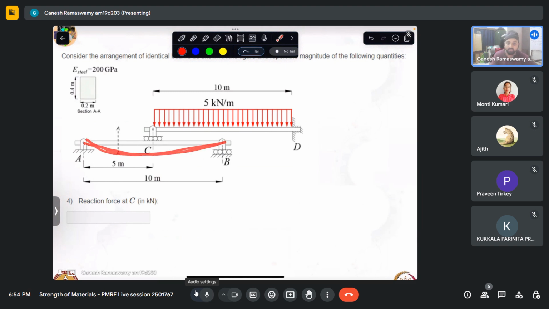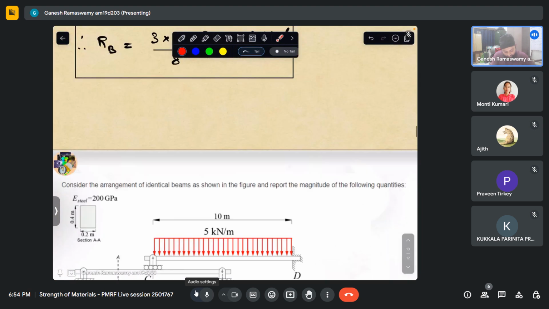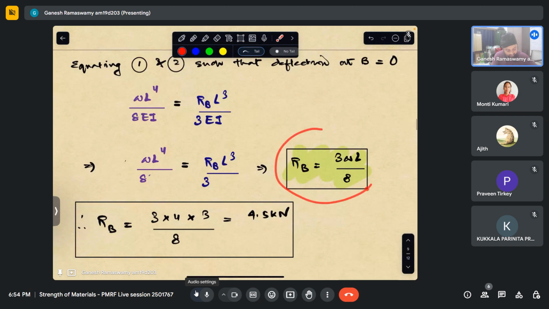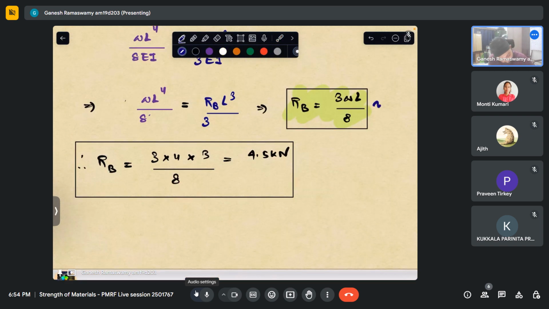Now if we were to have this absolutely rigid over the floor, then what was our reaction that was coming? It was 3 by 8 WL. So 3 by 8 is nothing but 0.375, exactly equal to 0.375.